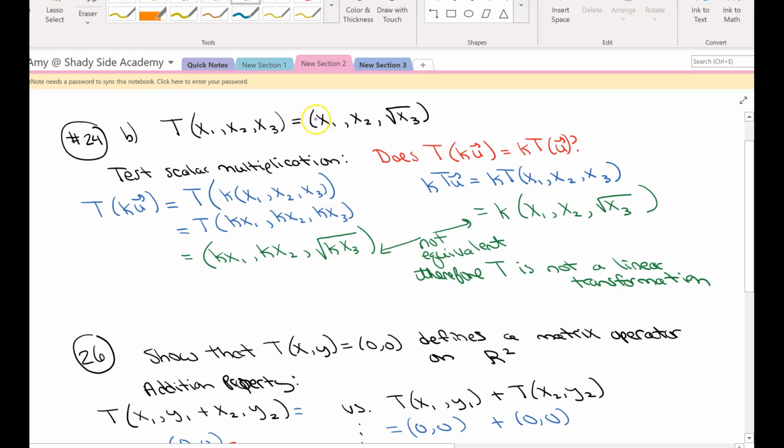That's perfectly fine. You can also think of this as just an ordered triple. So it's important to make the switch and make sense of what this means in context. So in this transformation, k times vector u means k times an input, okay? And then similarly, k times the transformation applied to u equals k times the transformation applied to the ordered triple.